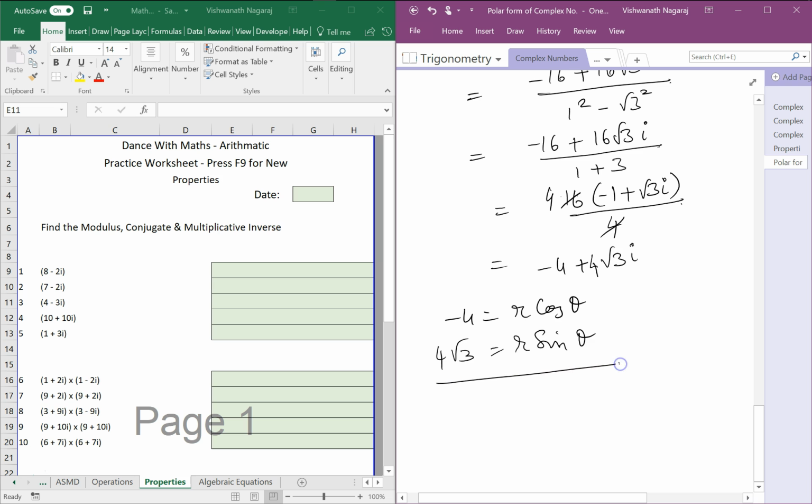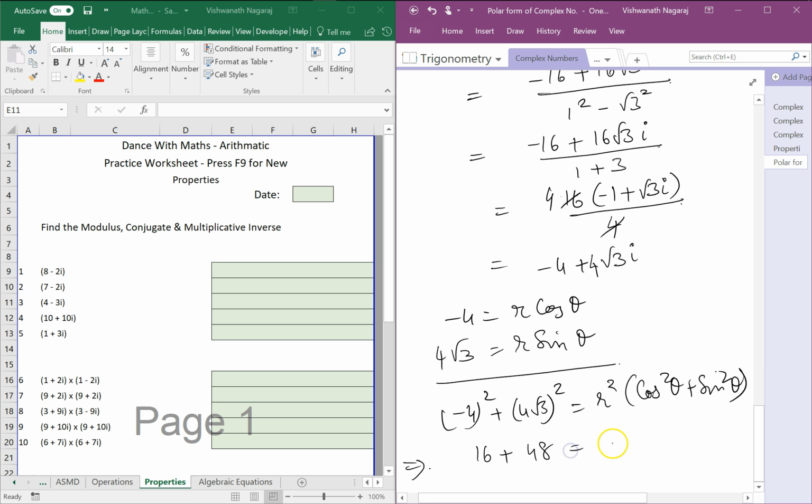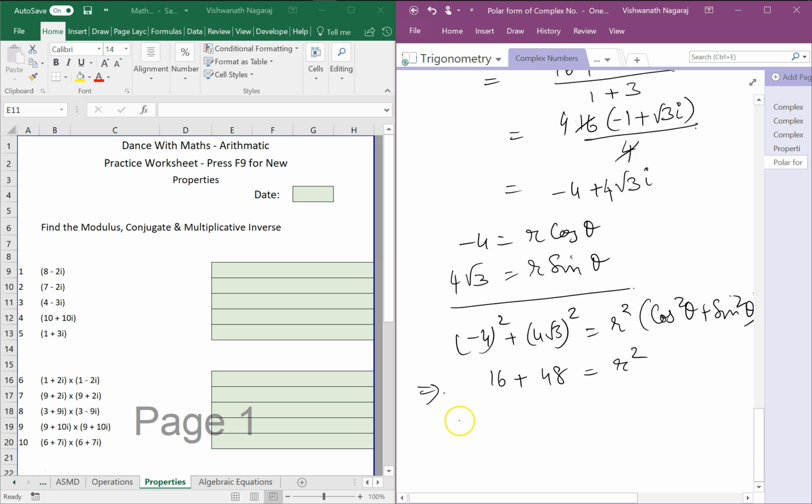Now square it and add it. 16 plus 4 fours are 16 into 3, 48, equal to r². Cos²θ plus sin²θ is 1. So r² is equal to 64. r is equal to 8.